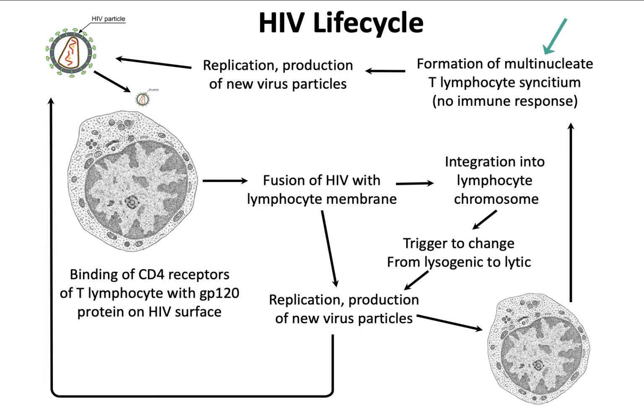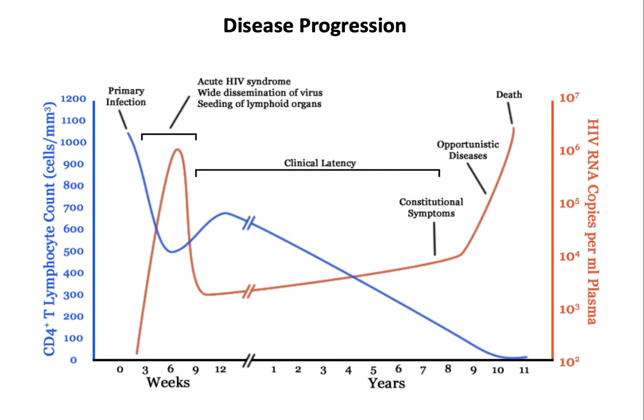So from the syncytium, it becomes more or less a virus factory, producing more and more virus particles, and those go on to infect more and more T cells, which are a central part of the acquired immune response. This is a graph of disease progression. You can see at time 0, you get a primary infection, and there's quite a high CD4 T lymphocyte count.